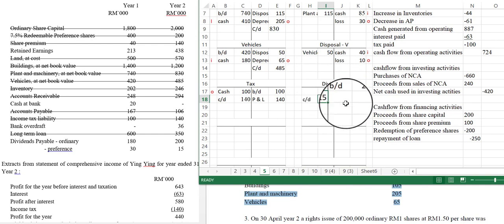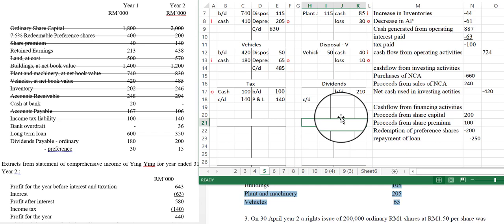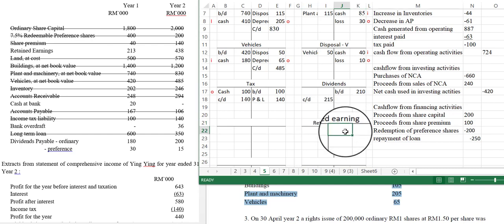Now dividends payable always relates to your retained earnings account. So if you look at this, your opening retained earnings for the current year is actually 213, and then the closing is 438.